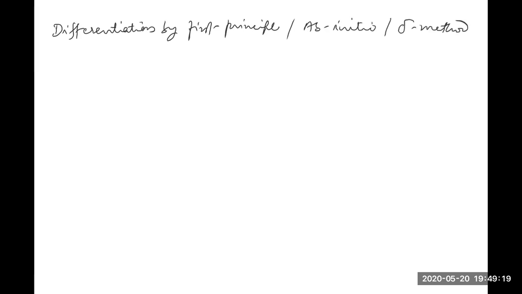This is the basic method here. Now, first I am explaining the concept of differentiation, because I think somebody was asking me, sir, how these differentiations are coming, what is the meaning of them.